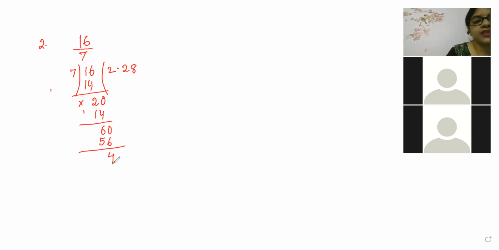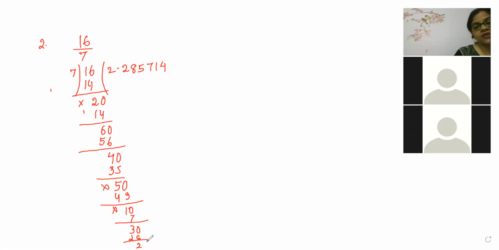Now 4 came, 0. 7 5s are 35. 5 came, 0. 7 sevens are 49. 1 came, 0. 7 ones are 7. 3 came, 0. 7 fours are 28. 2 came, beta.